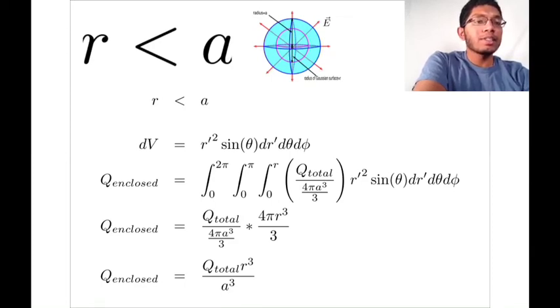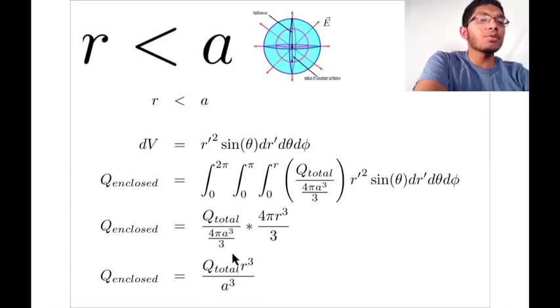The reason I've done that is because now for the radial component I'm not going from 0 to a, but from 0 to r, being the radius of the Gaussian surface, because that is the limit of what encloses the charge. By solving this integral, I have Q total over 4 pi a cubed over 3 multiplied by 4 pi r cubed over 3. And here you can see that we have a different Q enclosed on the inside of the sphere.